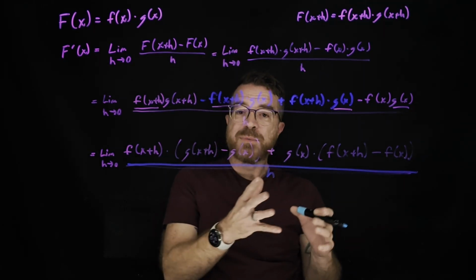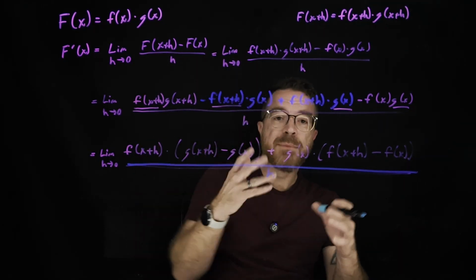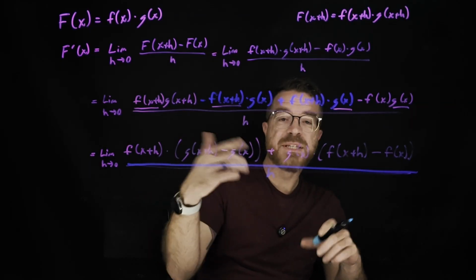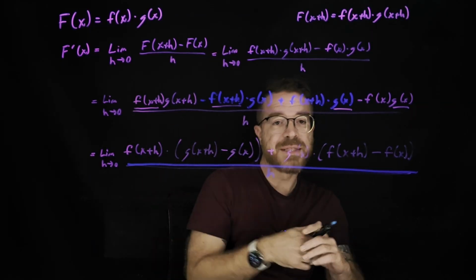Now, you may see what I'm starting to do here, because now we're going to remember our limit laws. If I have the limit of something times something else, that means I can take the limit of the first thing times the limit of the second thing.